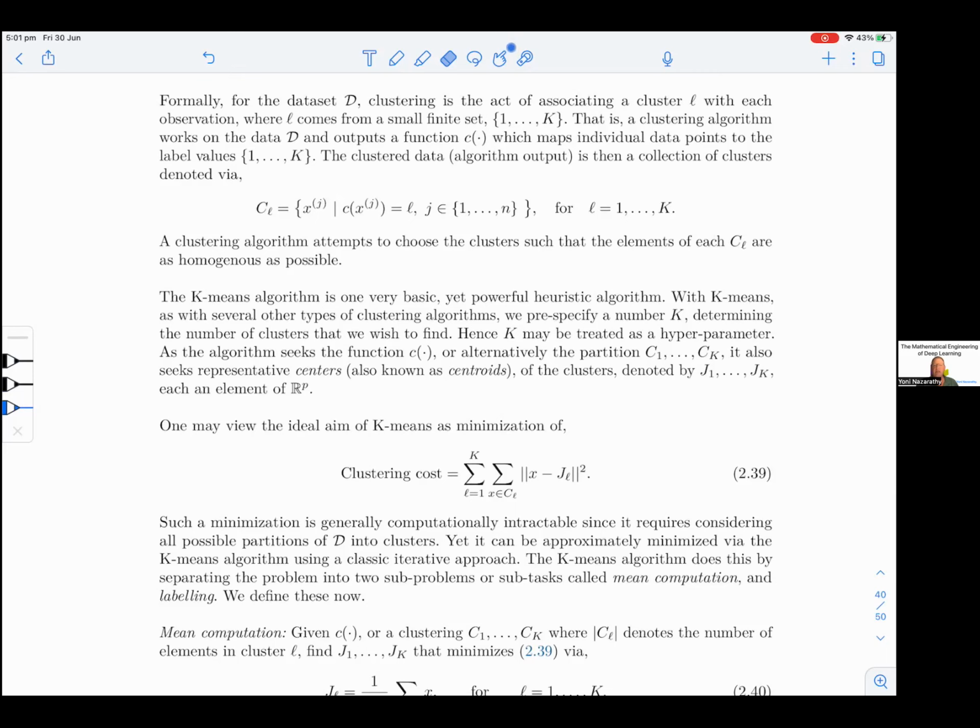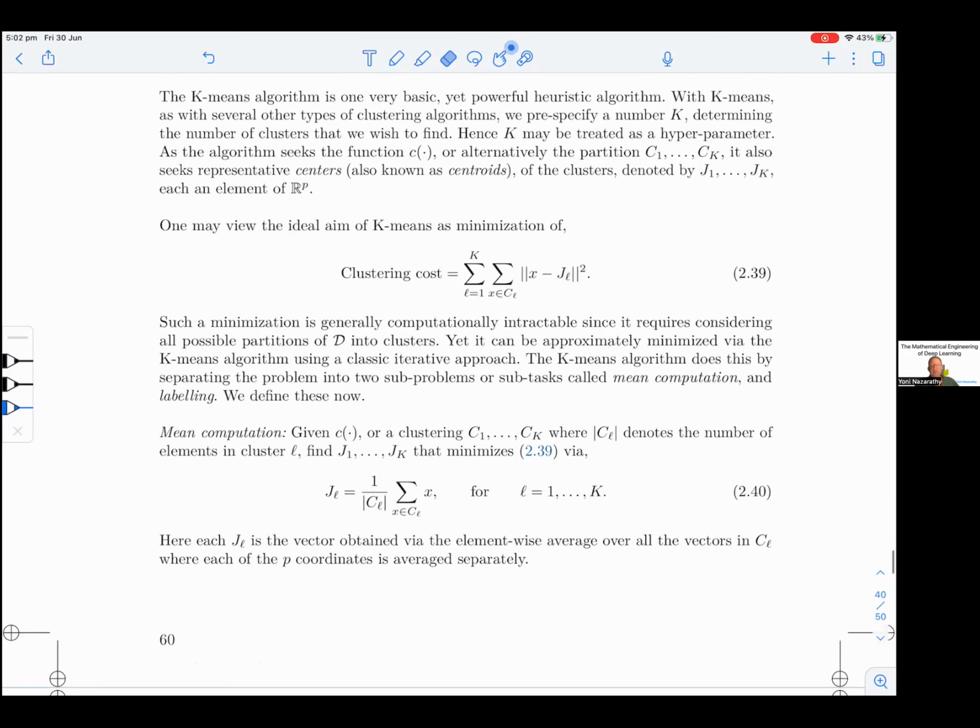The clustering output is then a collection of clusters denoted via CL, so each cluster CL, for L going 1 to k, you have k clusters, is a collection of all data points xj such that the clustering function of xj equals L. A clustering algorithm attempts to choose clusters such that the elements of each CL are as homogeneous as possible.